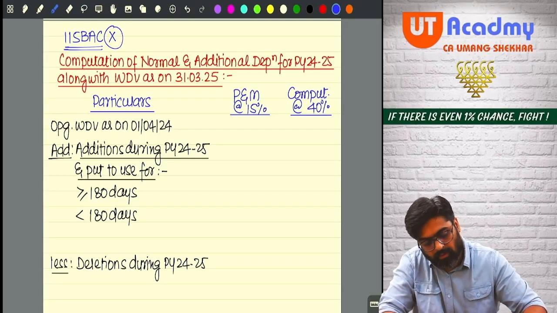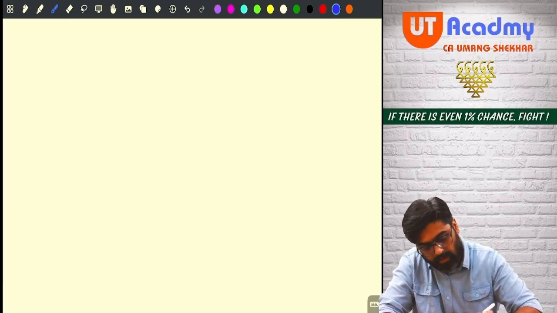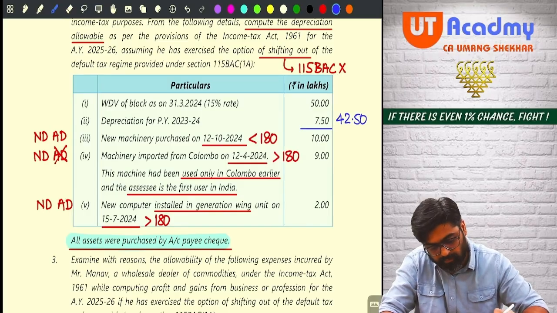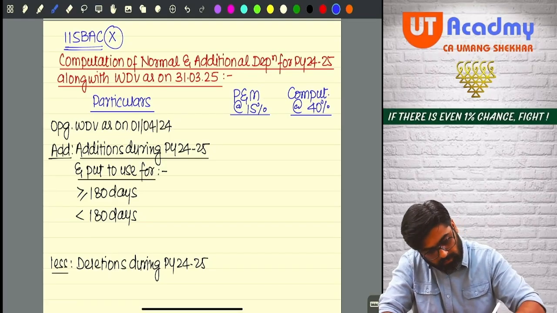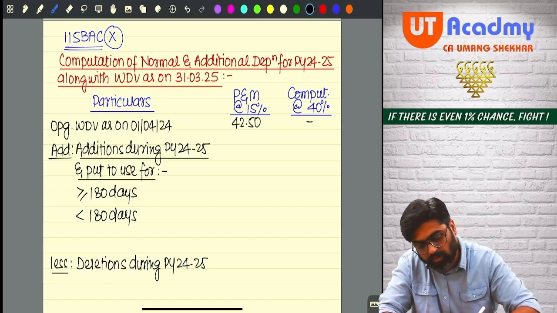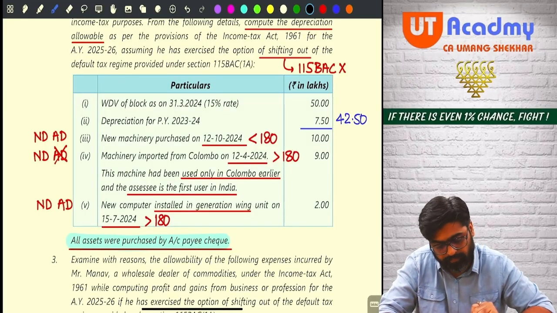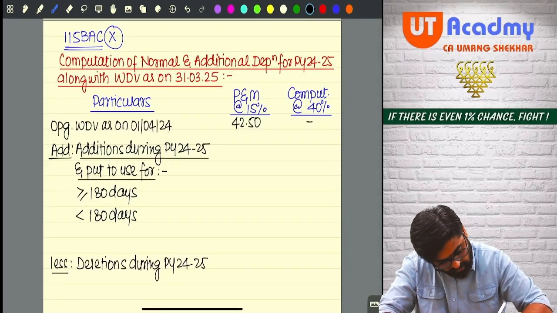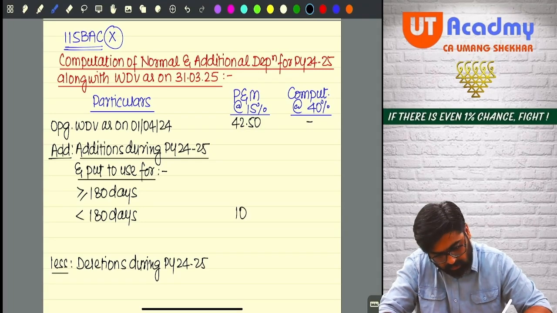Now what is the opening WDV of the plant and machinery? It was 42.5. So I will write down 42.5. Computer, no opening because it was purchased for the first time in this year. Now new plant and machinery less than 180 days, it was 10 lakhs.